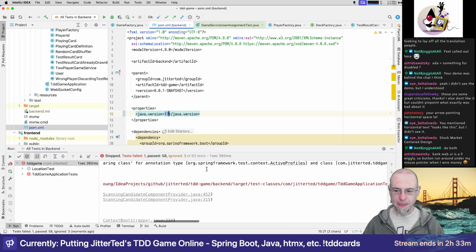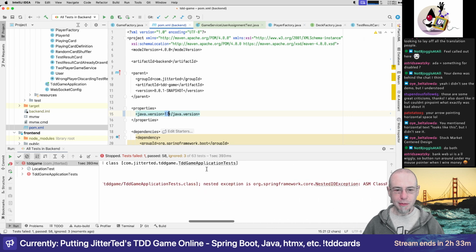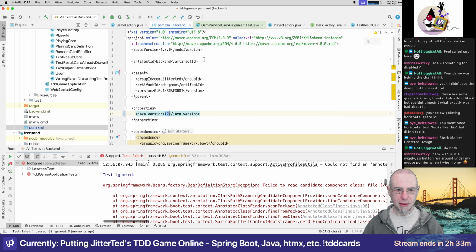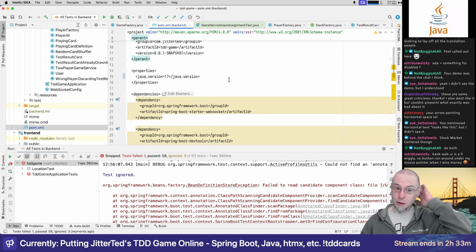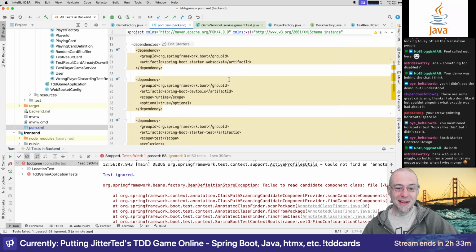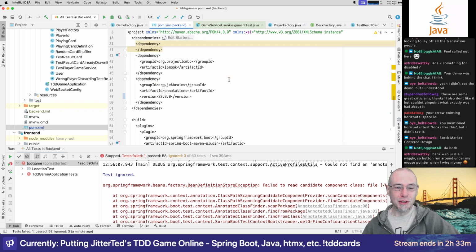What? It doesn't even work. I think this is so old that there's no version for Spring Boot.